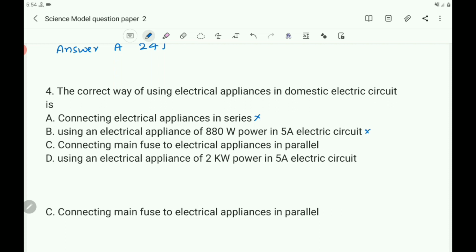Connecting main fuse to electrical appliances in parallel, it is okay. Using an electrical appliance of 2 kilowatt power in 5 amps electric current is also not correct. So here you can write the answer C, connecting main fuse to electrical appliances in parallel.